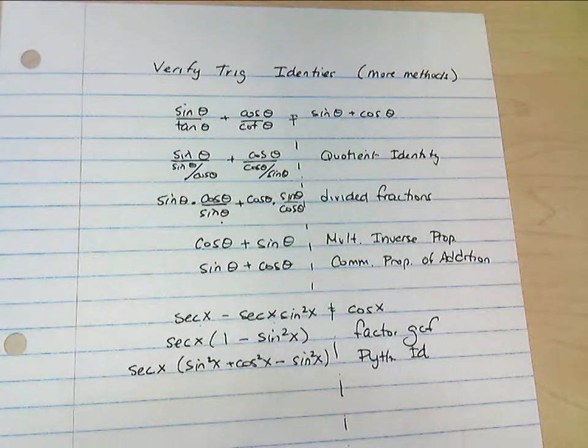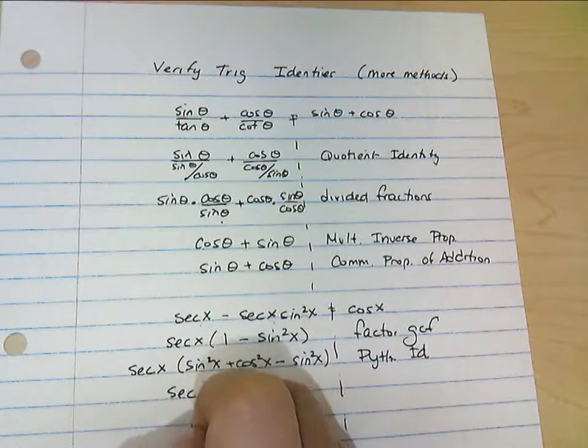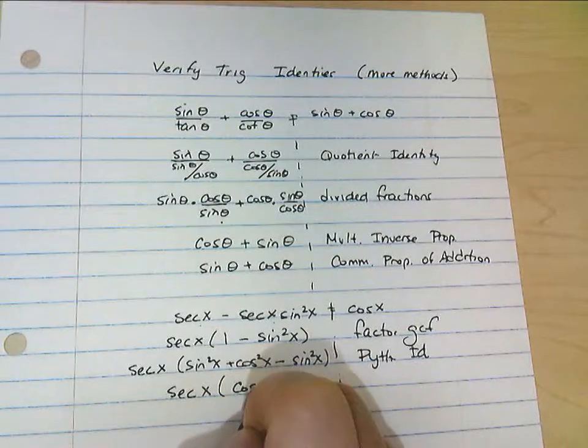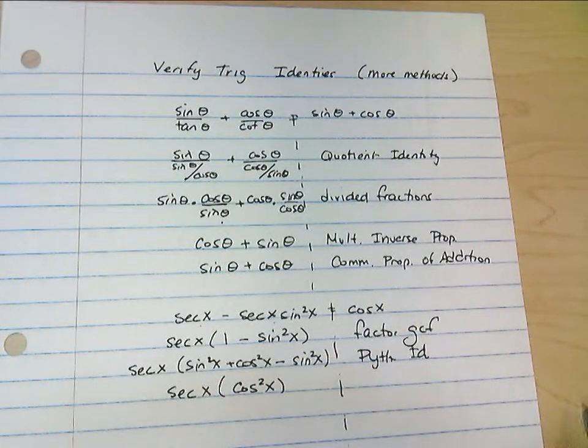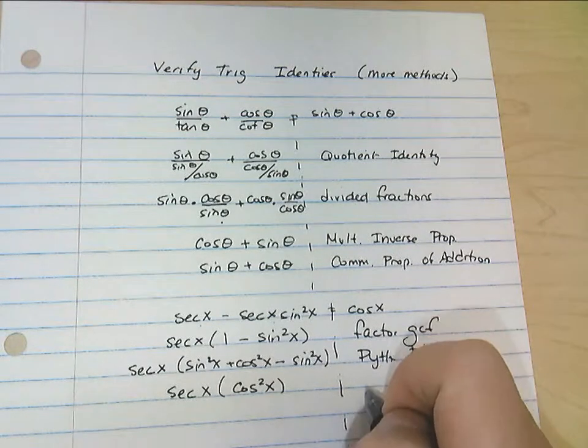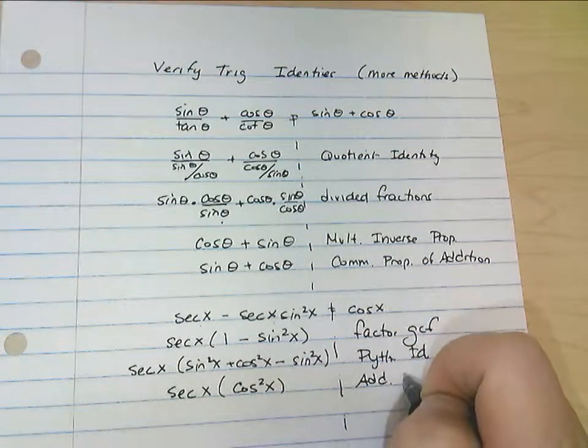Sine squared plus cosine squared minus sine squared is going to equal just cosine squared, because when you add a sine squared x and a negative sine squared x, it's 0. So I'd have secant x multiplied by cosine squared x. You could say combined like terms, simplified. I'm going to say that it's the additive inverse property.